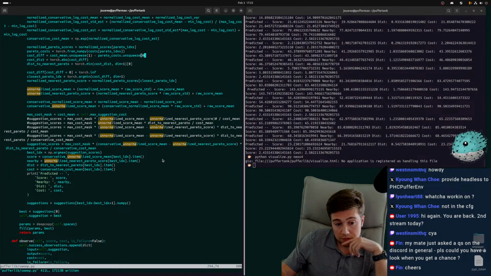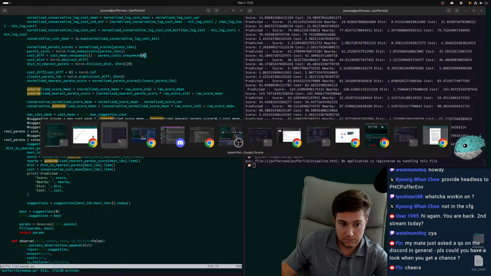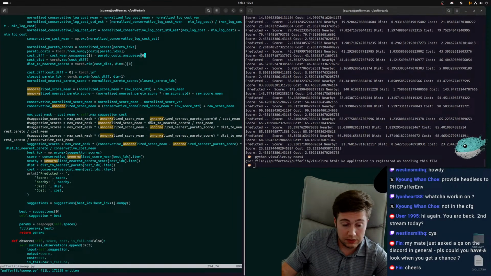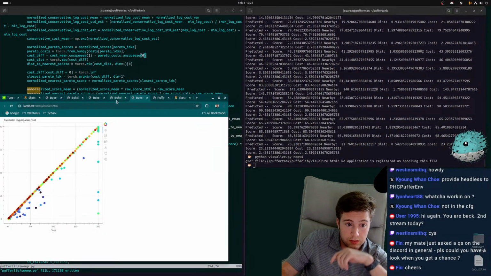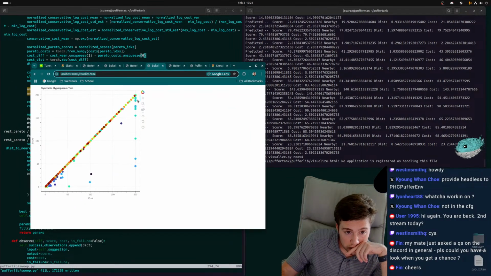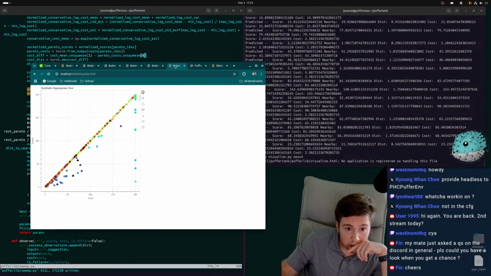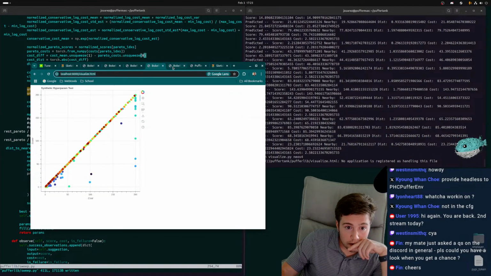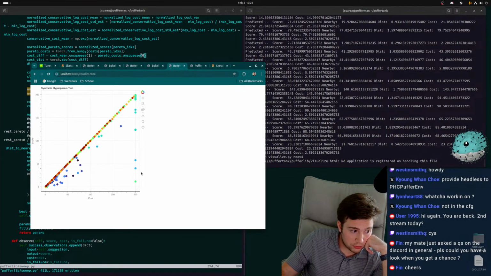Okay, so making the cost estimate conservative is apparently not enough. No, you see, we still have all these points at 200. This is what we're trying to prevent right now.